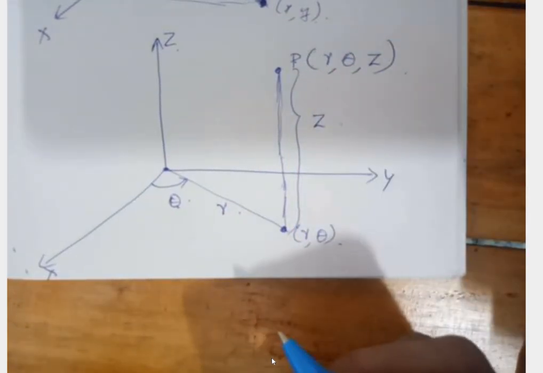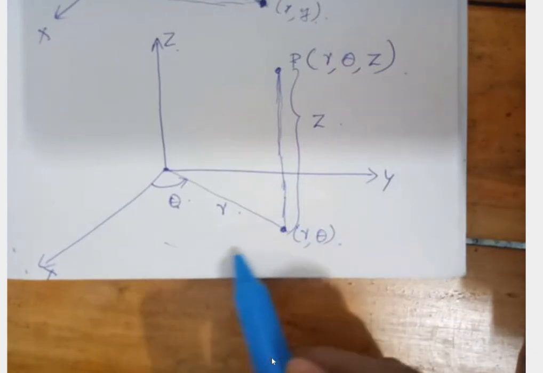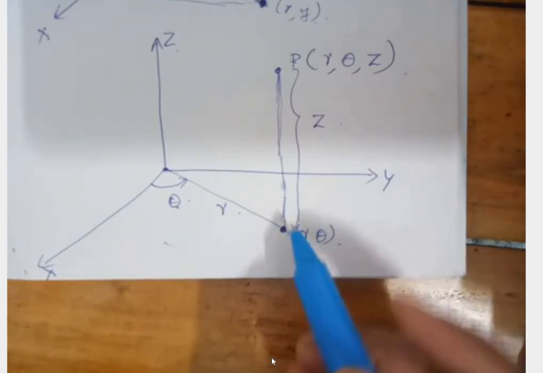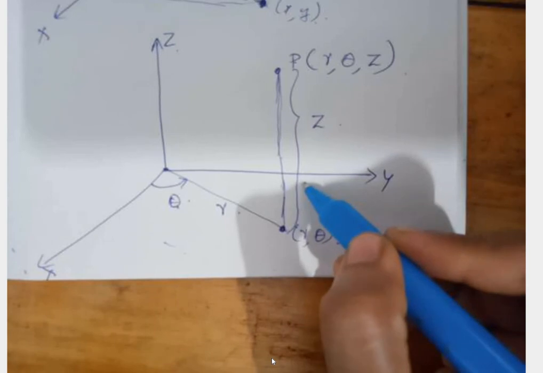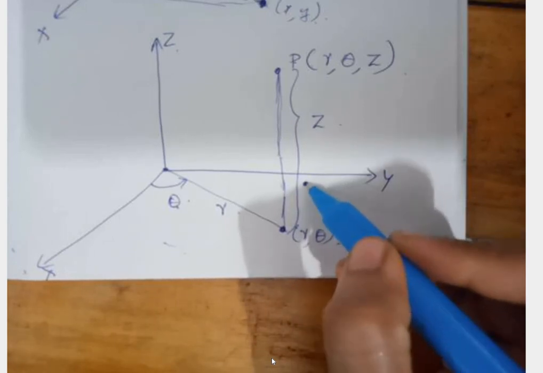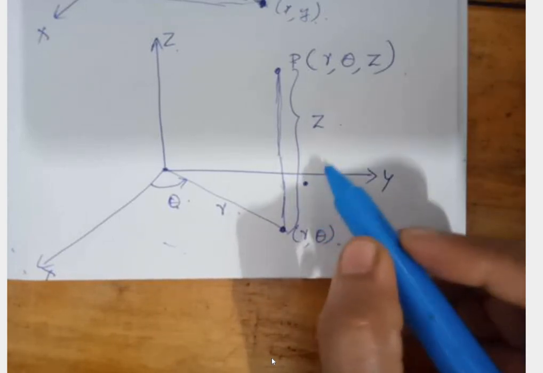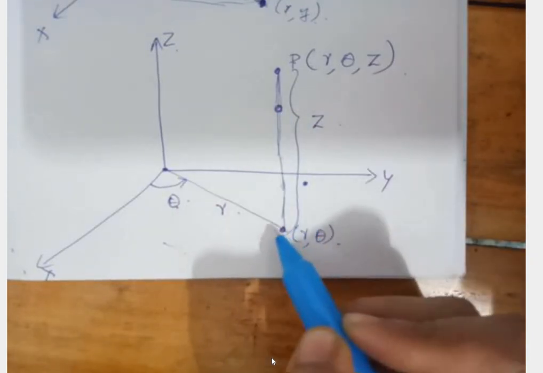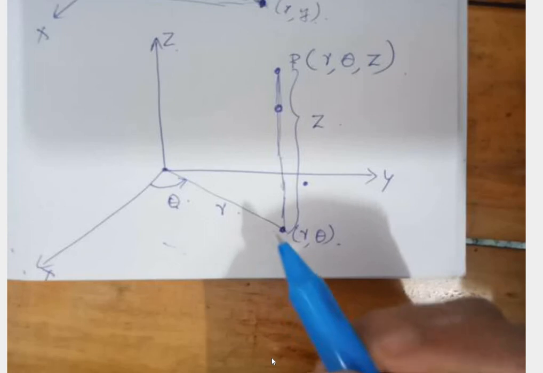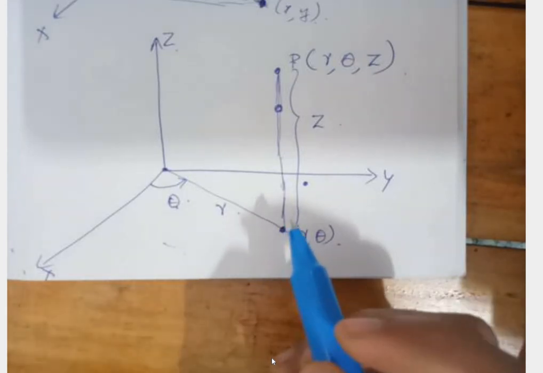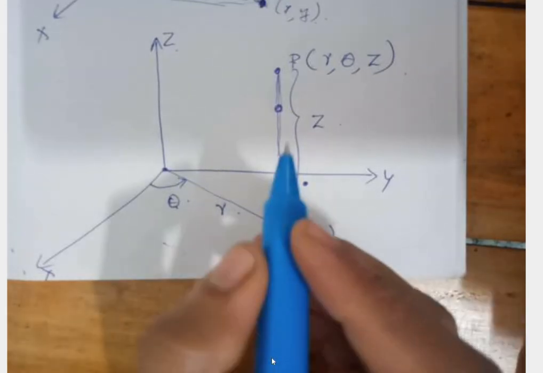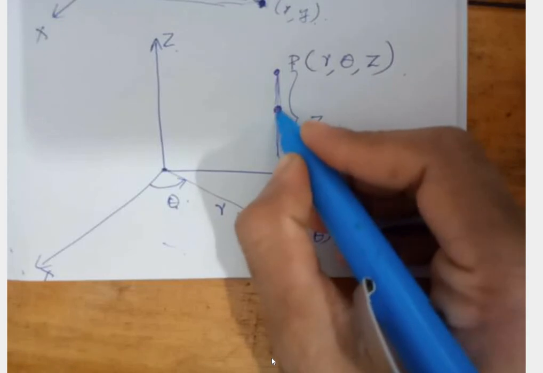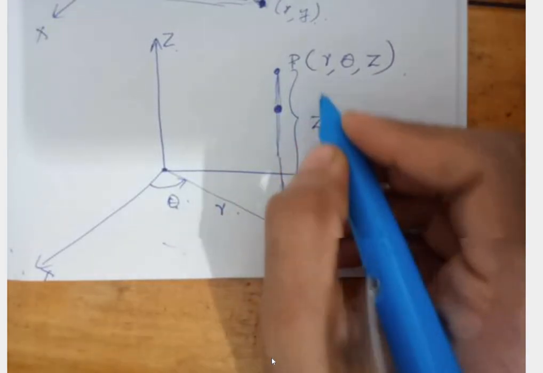Suppose this is a point here. Consider a point here. This point also lies in the same cylinder. Did you get any idea? This point also has the same r, theta, but z is different, right?